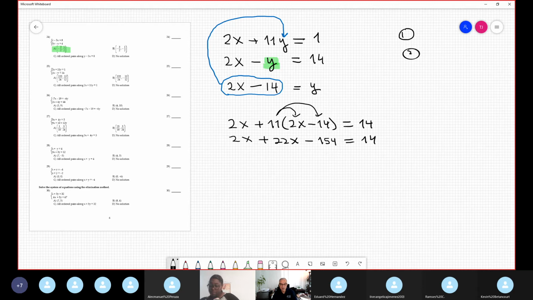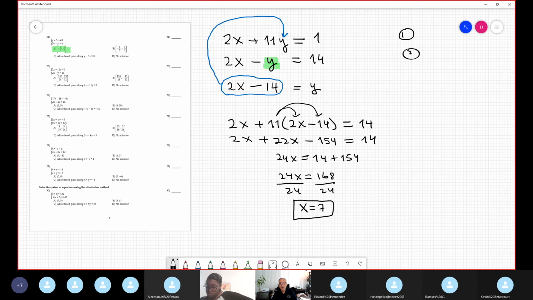Now ready to combine. 2 and 22 is 24. If you want directly, you move 154 to the right-hand side, 1 plus 154. So you're adding in my calculator, 155. So 24x is equal 168. Finally, divided by 24 both sides. Division 24 is 7. x equals 7.